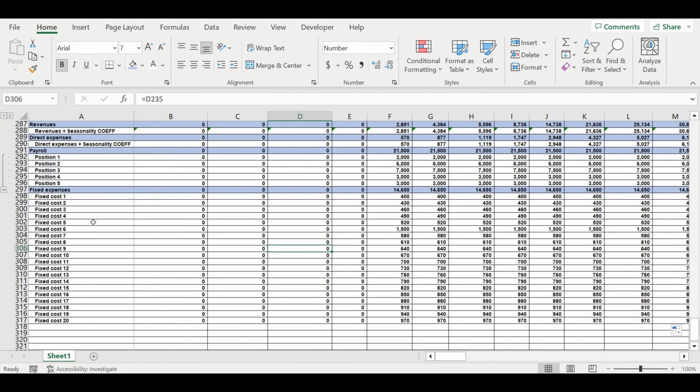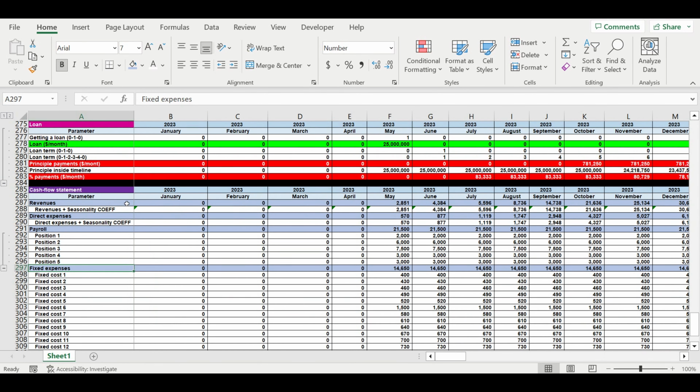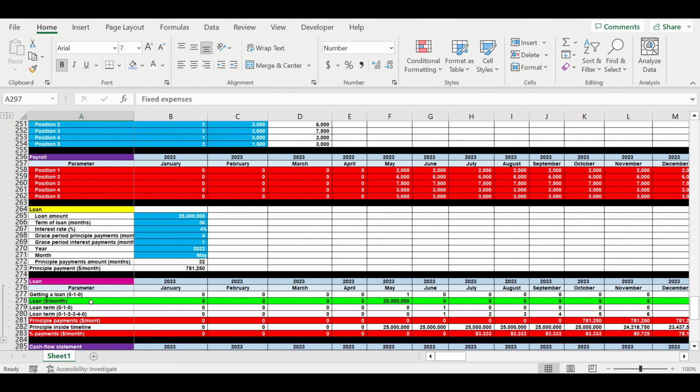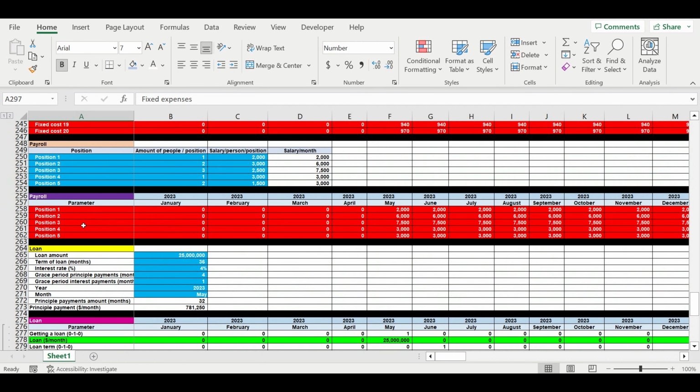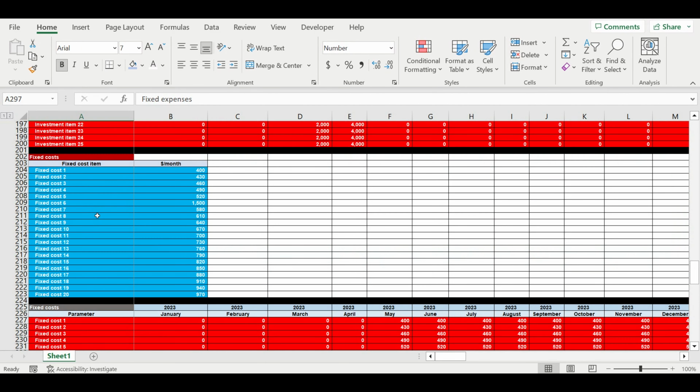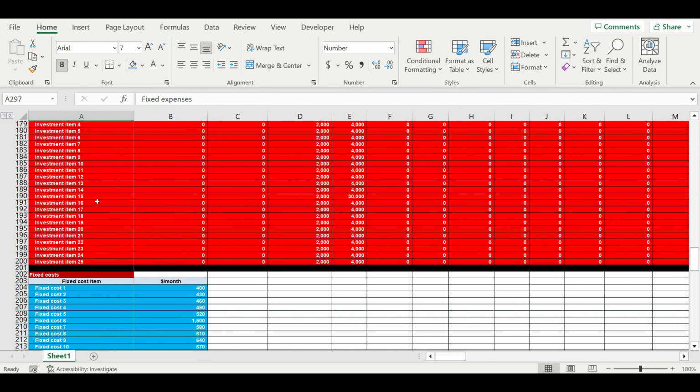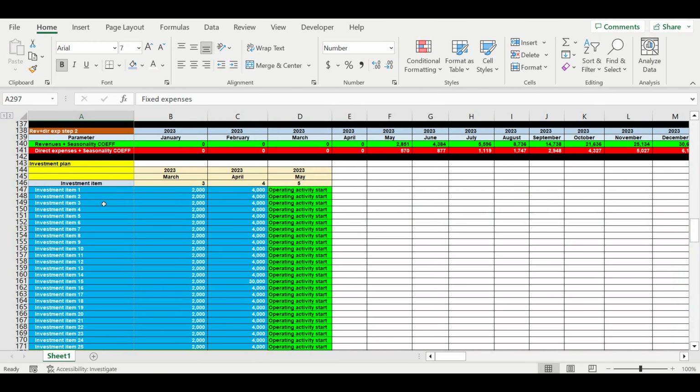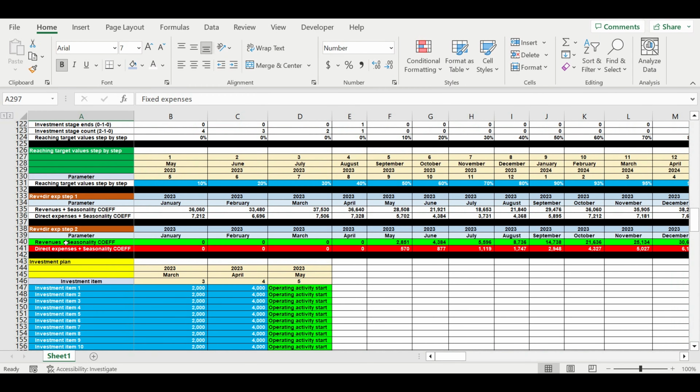So these are fixed expenses, so we need to add a loan, payroll added, fixed expenses added, investment item we will need inside the investment activity, revenues added, direct expenses added.